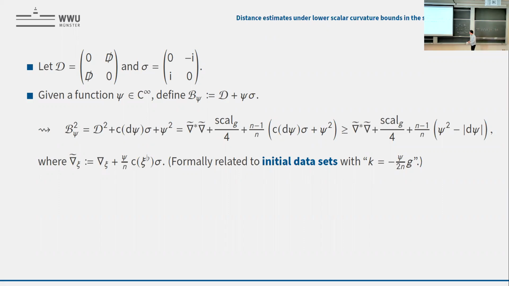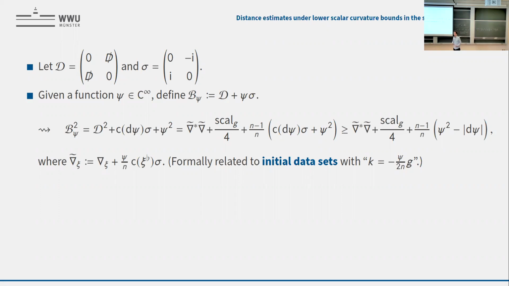And this is geared towards the case where you have a lower scalar curvature bound of plus n times n minus 1, so that this expression will precisely cancel out or precisely balance with the lower scalar curvature bound. And then you can play around with this and try to make your operator invertible and get a contradiction to an index and things like that. That's just vaguely how it works.